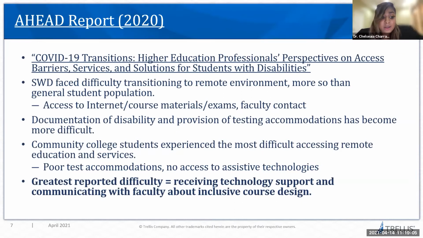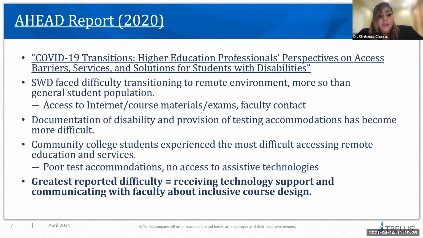It's interesting to think about why this is the case, and a lot of it comes down to accessibility. What is this lack of accessibility that they're experiencing? Another finding was that community college students with disabilities experience more difficulty than those in four-year colleges.